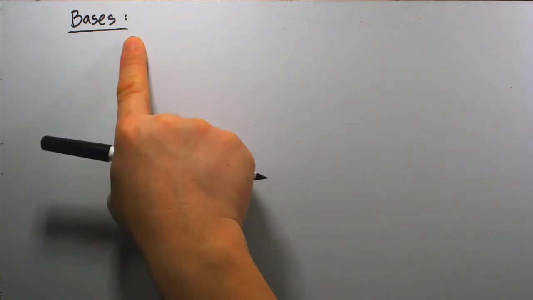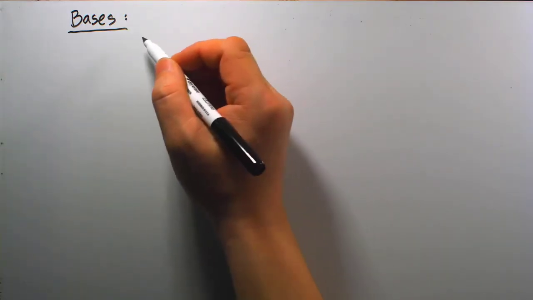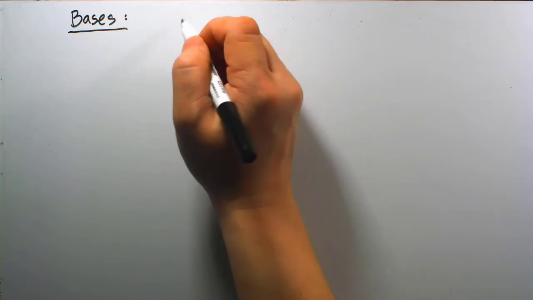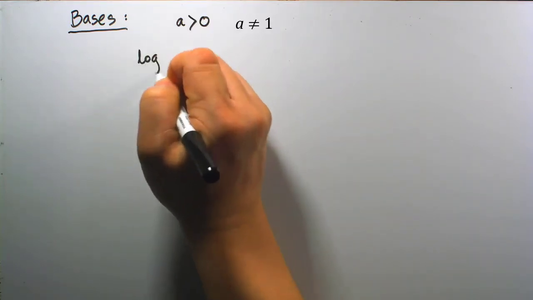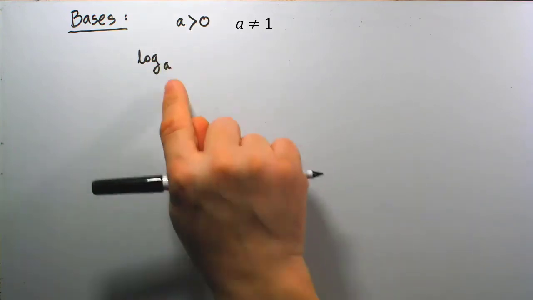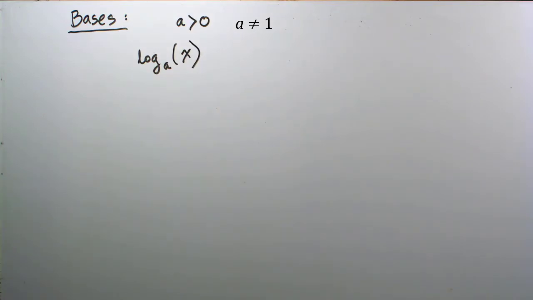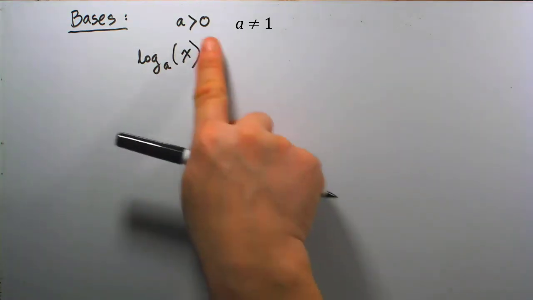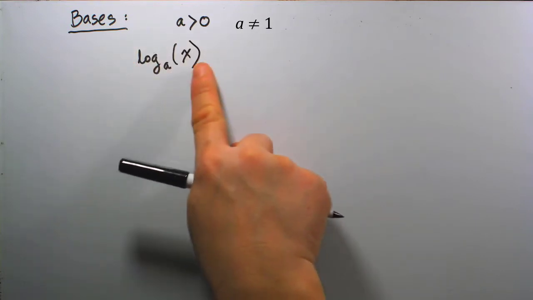All right, so let's talk some more about the basis of logarithm. At this point, we have learned that as long as we have a positive base other than 1, then we can set up a logarithm with respect to that given base for a value. This is the general notation for a logarithm base a.